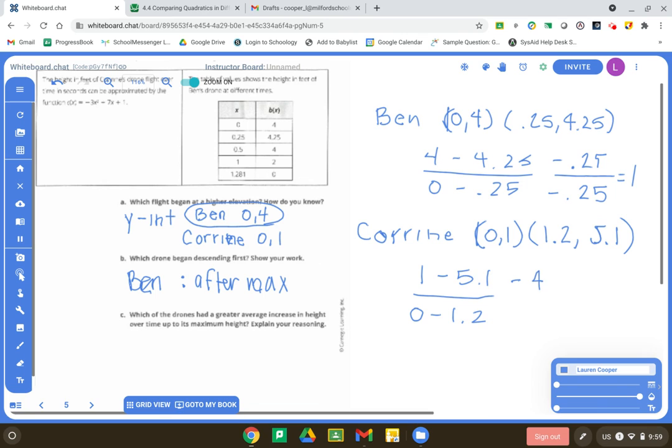Negative 4.1 over negative 1.2. That gives us about 3.4. So she grew fastest.